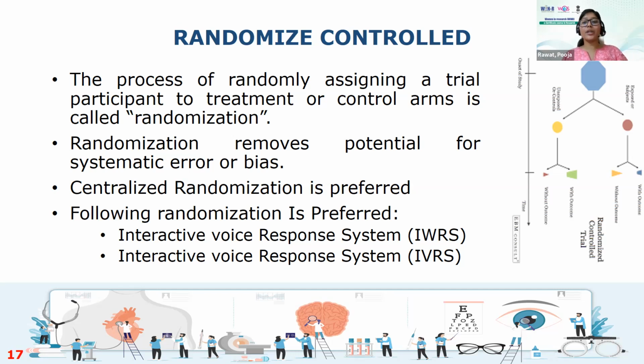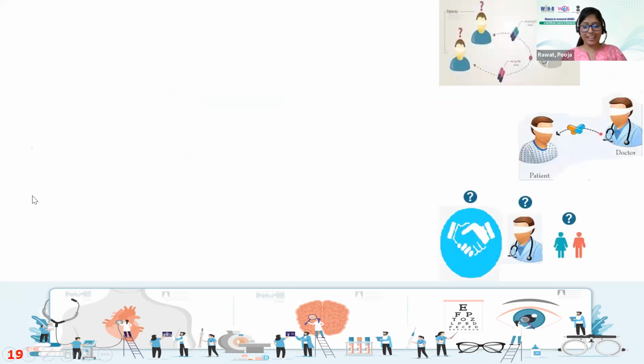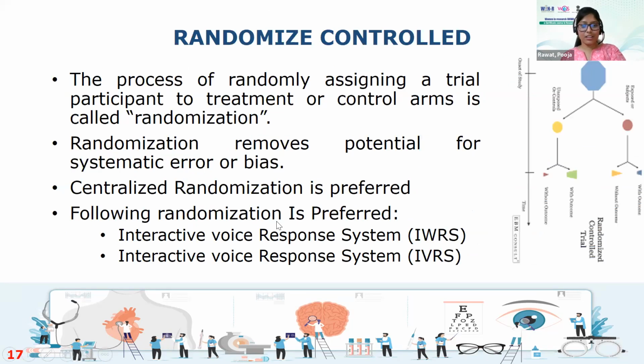We are using IWRS, the interactive voice response system, or the interactive web response system. Sorry, the same has been written here; I need to change it to web. You just consider it to be web. Both are the same.